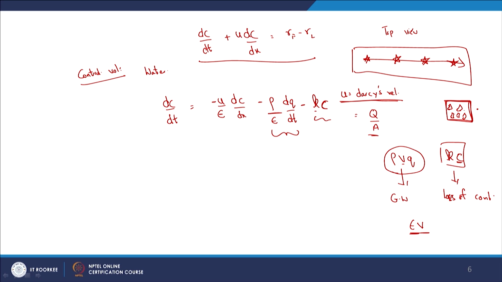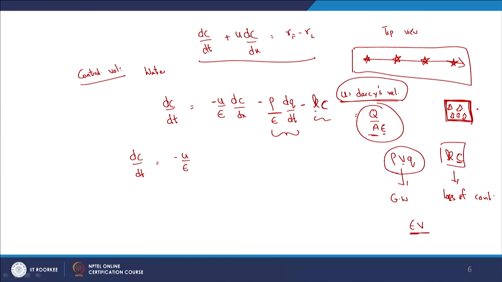So, again simplifying this further, what do I have? I have dC by dt is equal to minus u divided by porosity. What was u? u was the Darcy's velocity. But think of this: if I divide this by porosity, what am I actually getting here? Q by A times porosity. A times porosity is the actual area through which the groundwater is flowing.